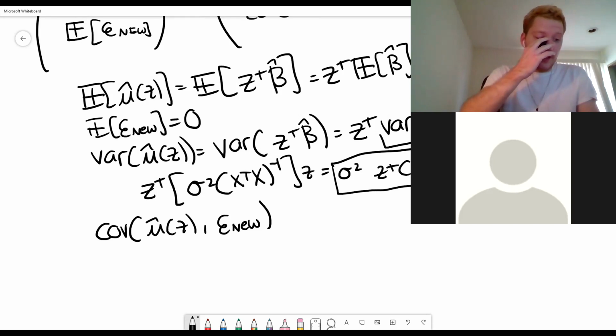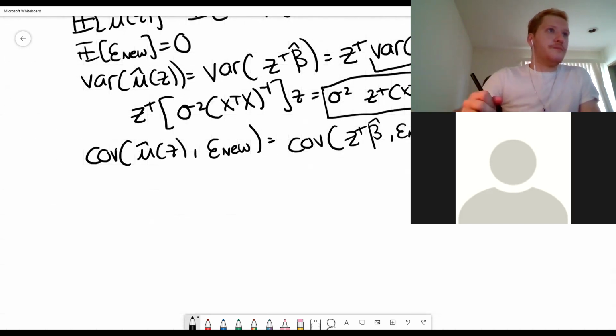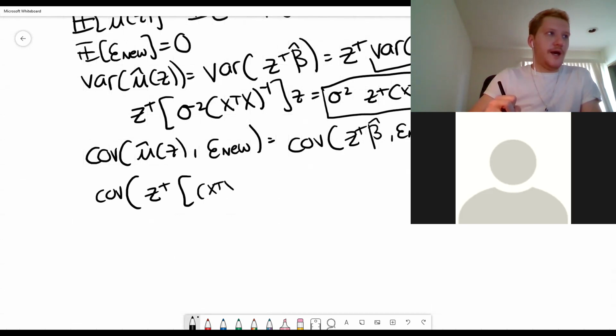Okay, so the covariance between these is going to equal the covariance of z transpose beta hat and epsilon nu. If I replace beta hat with what it is, it's going to be x transpose x inverse x transpose y, and epsilon nu.